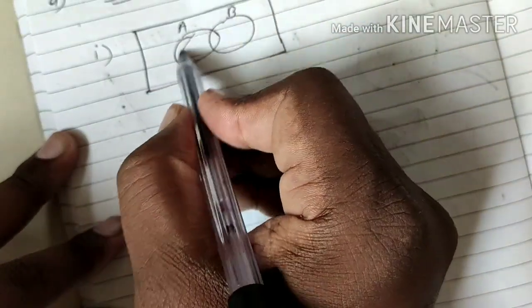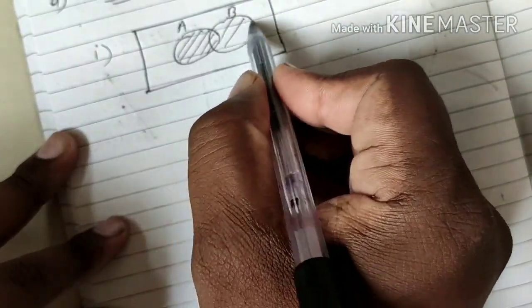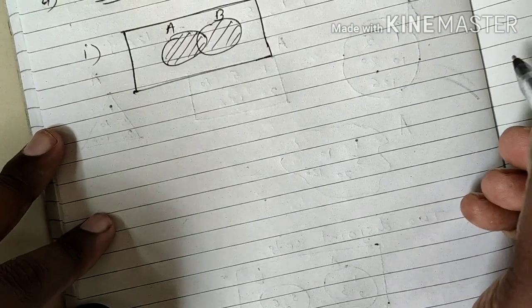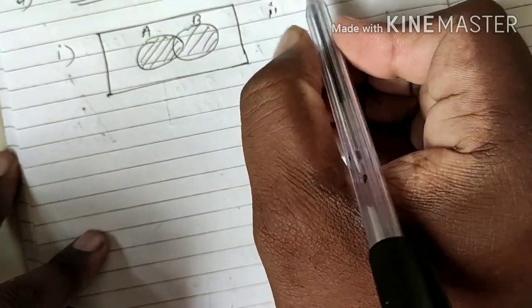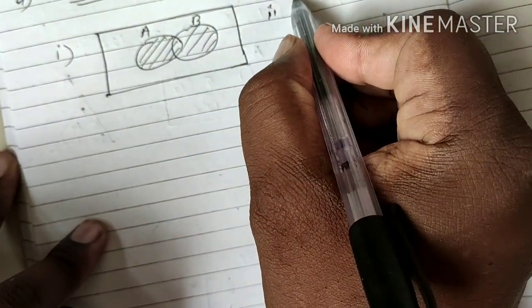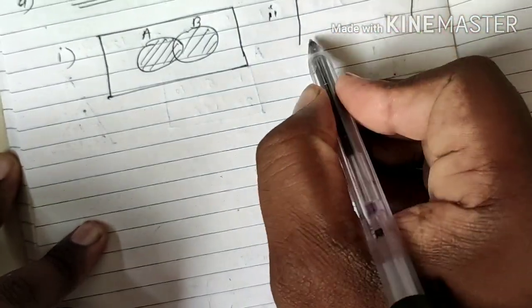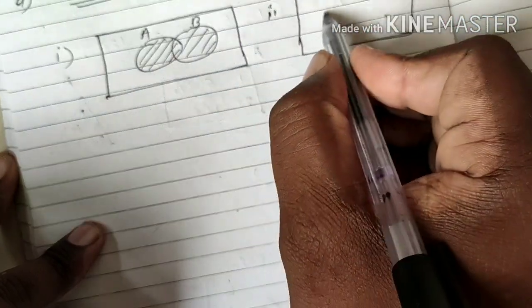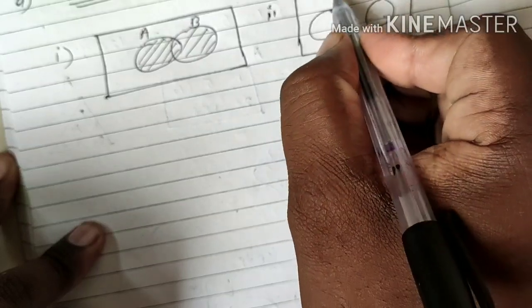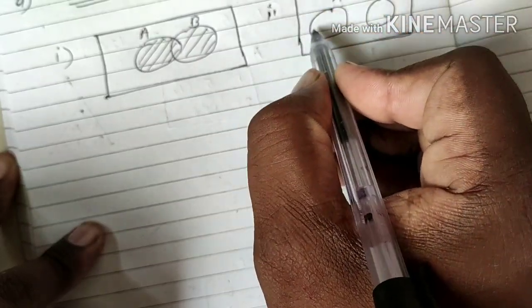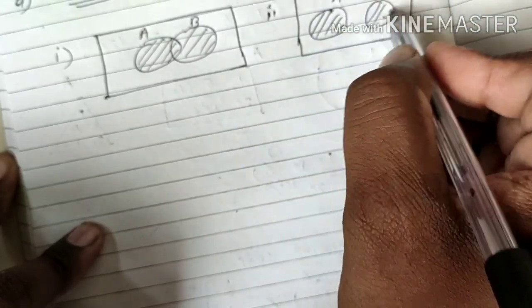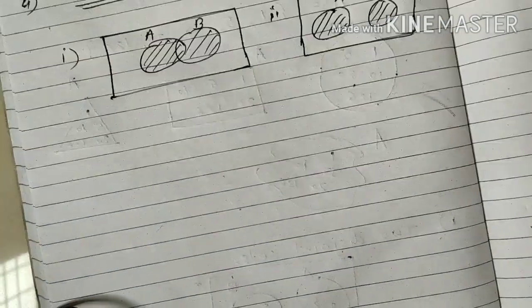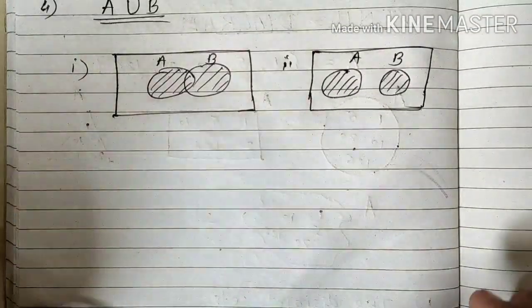We want to represent the union, so like this we can shade A union B. In the second case, both of the sets are disjoint sets, but we want to represent the union of the two sets. Suppose A set and B set, so make a union. The shaded portion is representing the union of the two sets.